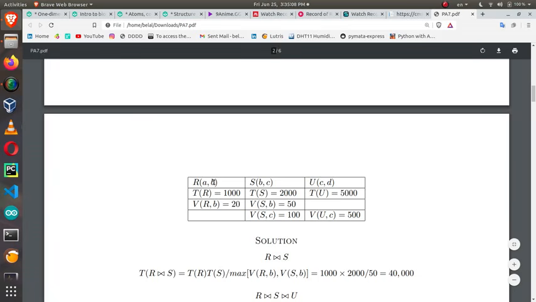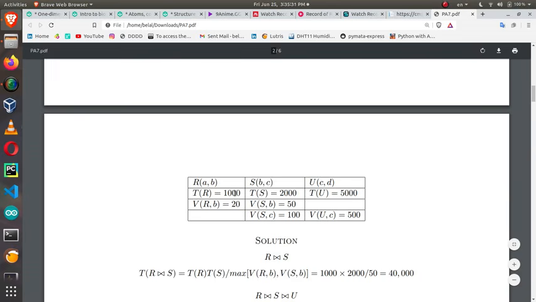R and S have common column B, and the rule says multiply T of R by T of S over the maximum of both distinct values in both relations R and S for the common attribute. The maximum between 20 and 50 is 50.